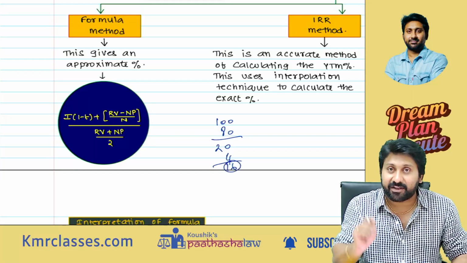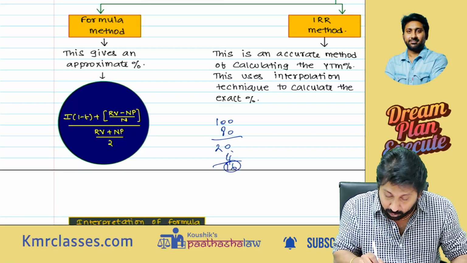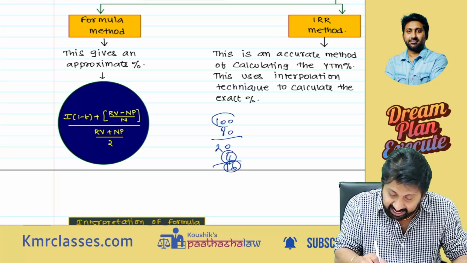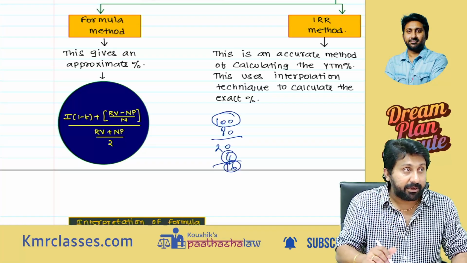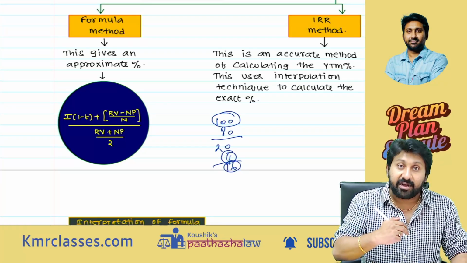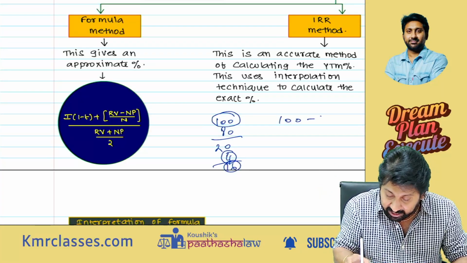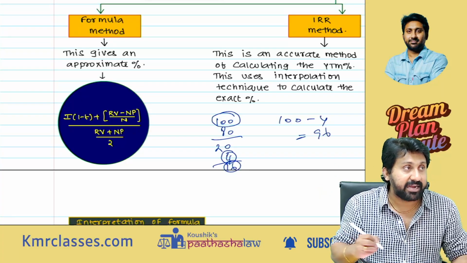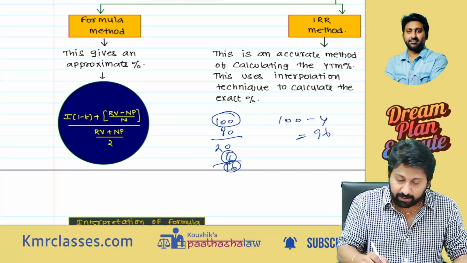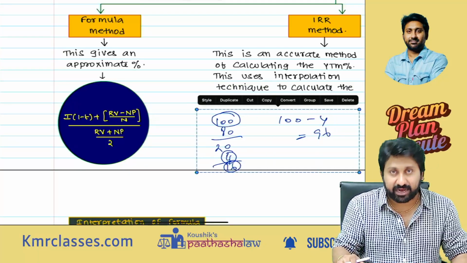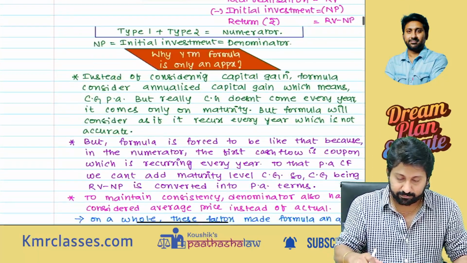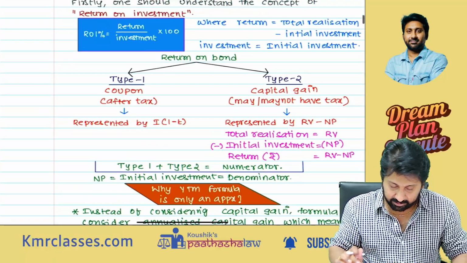Don't write 16. We are not doing income tax. Of this 100 I will not receive 4 rupees, because although I received 100, in the form of tax I have to pay 4 rupees. So net RV will be 100 minus tax paid, which becomes 96. That you need to observe properly. I'm not going to repeat this one more time. You go back and understand what I said. Next.